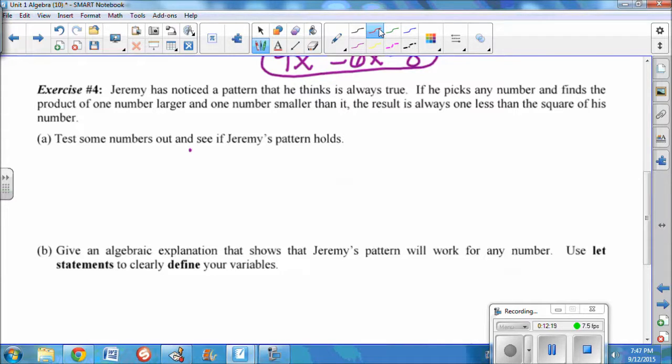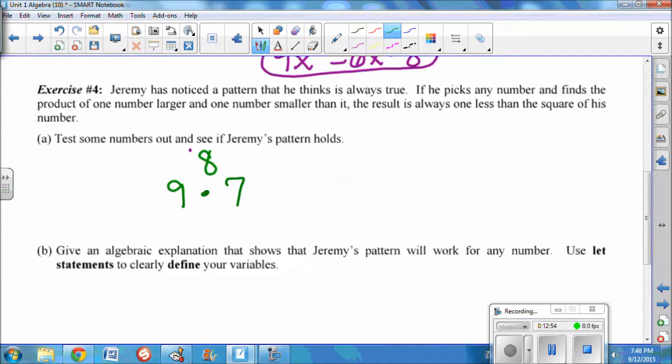Okay, if he picks any number and finds the product of one number larger and one number smaller. Okay, so I don't know, I'm going to pick the number 8 just for kicks. So I've got to pick one number larger, so that's 9, and one number smaller, that's 7. And he says the result is always one less than the square of the number, the product of those two numbers.